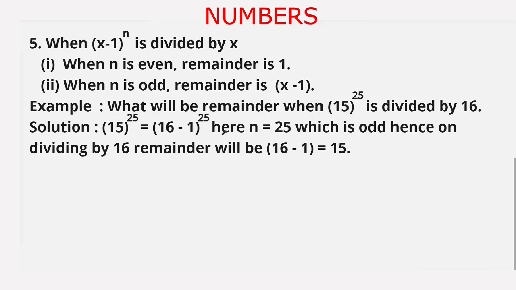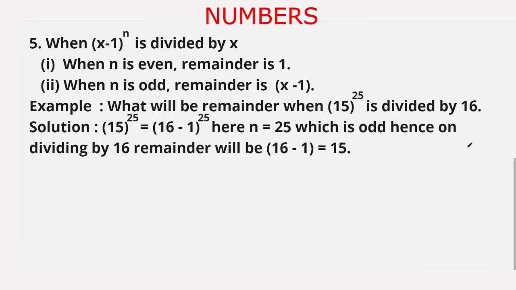So tip 5 is applicable here, because 15 can be written as 16 minus 1 and is to be divided by 16. And here n is 25, which is odd. Hence, on dividing by 16, by that property, the remainder will be 16 minus 1, equal to 15.